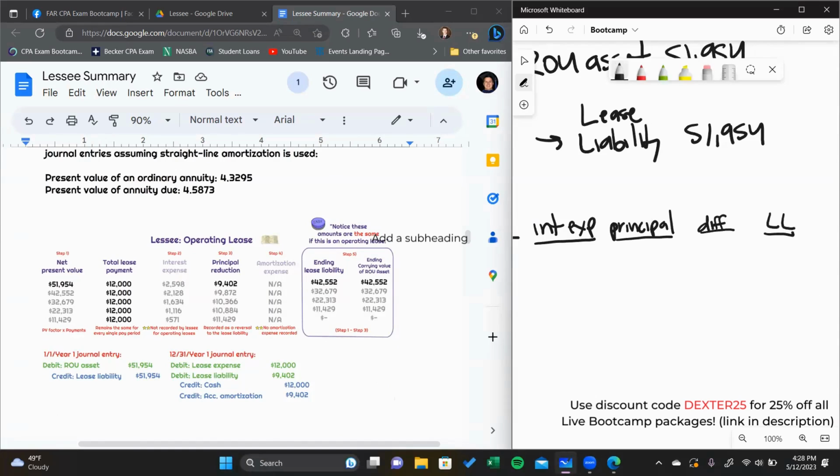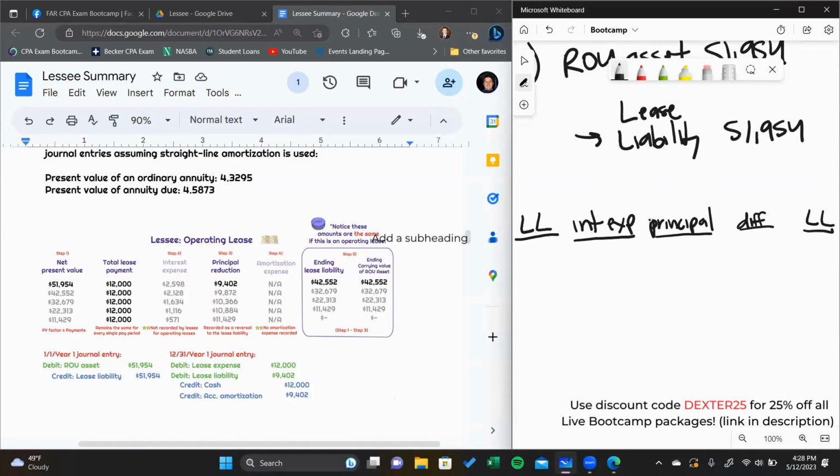Then I'll put difference. So we're essentially going to plug in our beginning lease liability balance here. We're going to calculate interest expense, and then we'll have the principal, we'll take the difference, right? Just like we set up with debt.